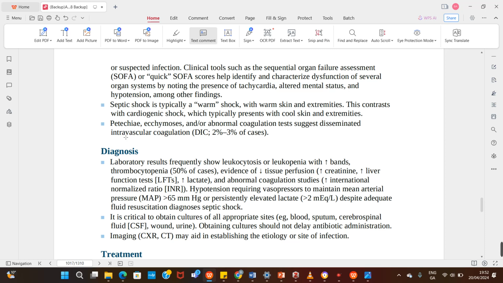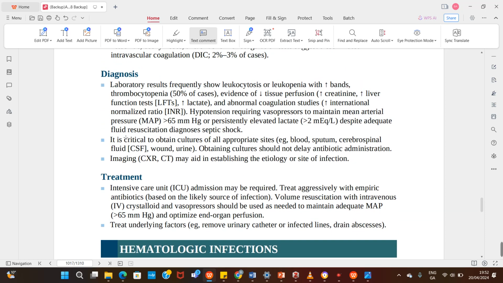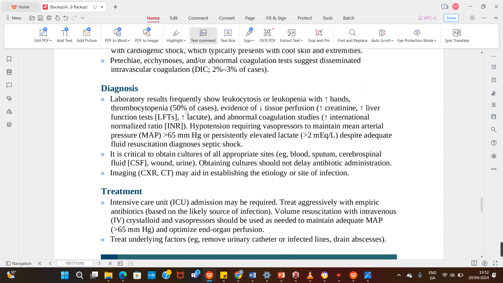So what are the laboratory findings that you expect? We have said it, SIRS plus infection is sepsis. Because of the infection, because of the SIRS part, the systemic inflammatory response, we have said that the white blood cell count can either be high or low.